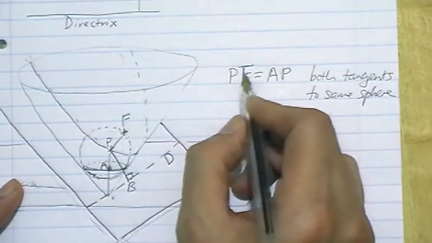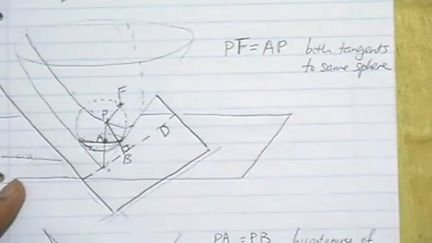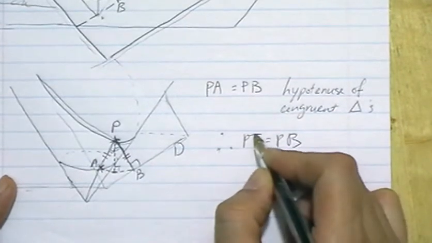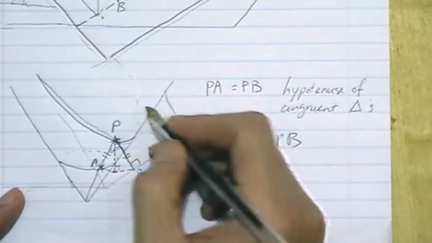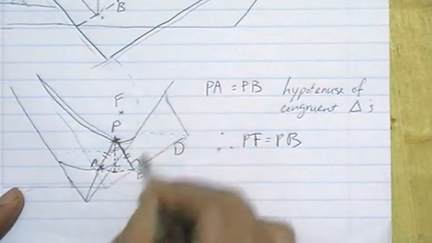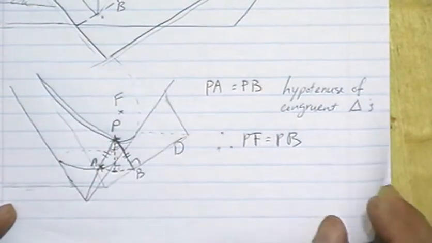I've missed out that horizontal stroke and F became a T. So that's actually PF. PF equals PB. So F is this point there, where the sphere touches the plane of the conic section.